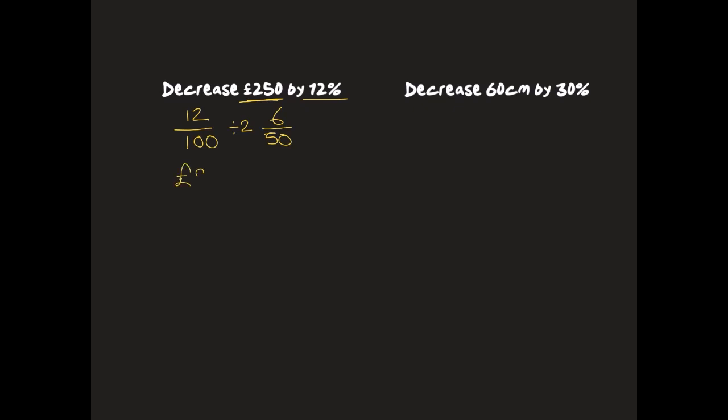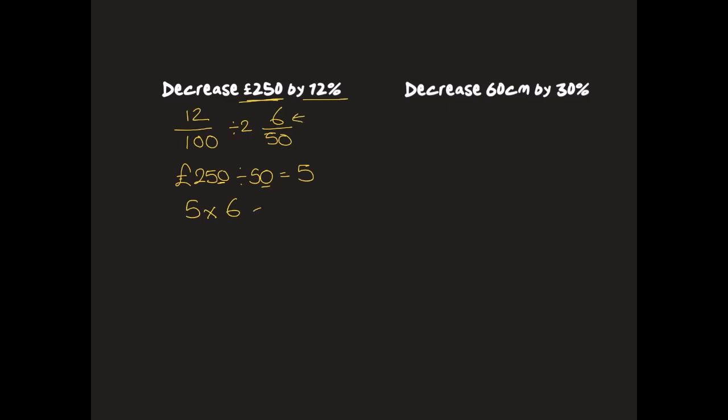So dividing by the bottom, 250, and we're going to divide that by 50, divide by the bottom. So how many 50s are there in 250? Well, there's 5. If you ignore the zeros for a moment, 5 into 25 goes 5 times, so it's 5. And then I'm going to multiply by the top, so I'm going to do my 5 that I got there, and I'm going to multiply by 6, which is at the top of my fraction.